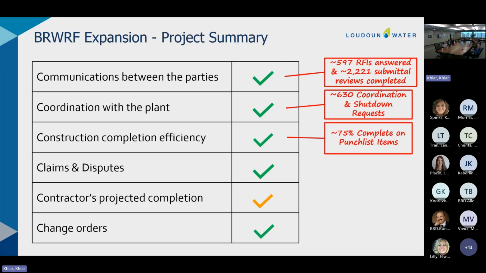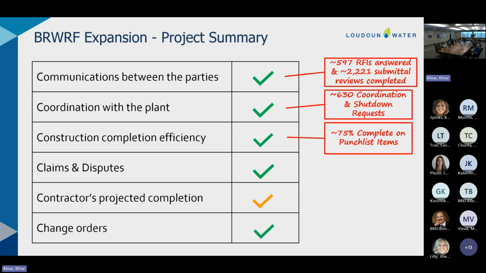As far as construction completion efficiency, we're at 75% complete on punch list items, and this is still very good. It still shows the contractor is eager to get to that final completion finish date, even as we've added punch list items. As I've given subsequent presentations, areas have been finished and punch list items have been added to the overall list.